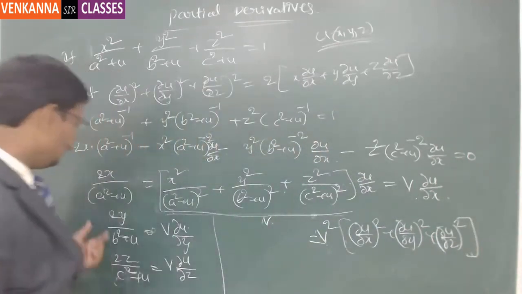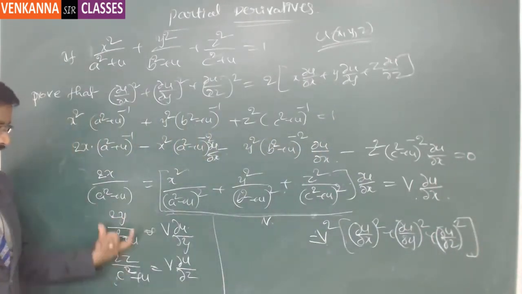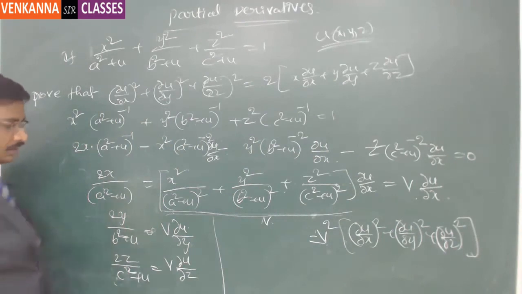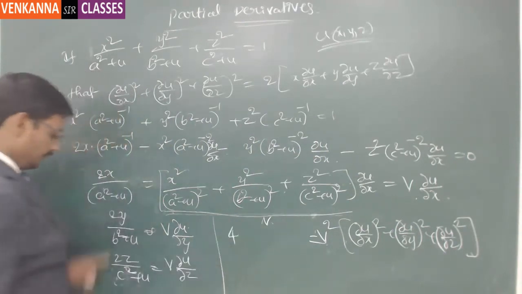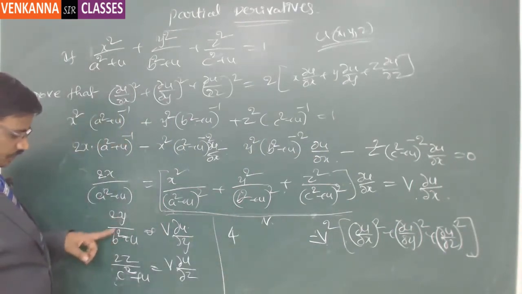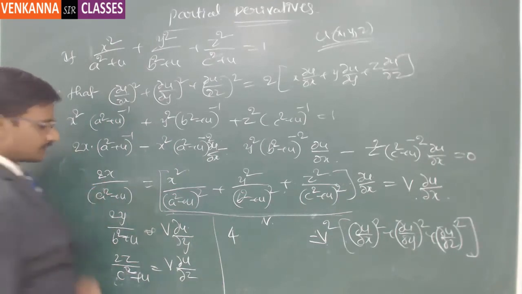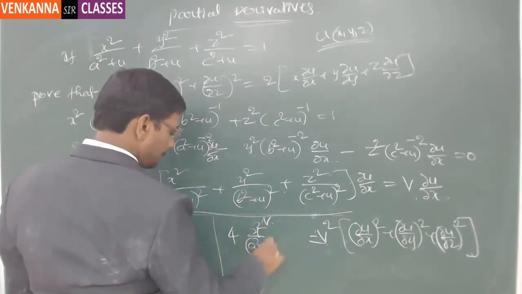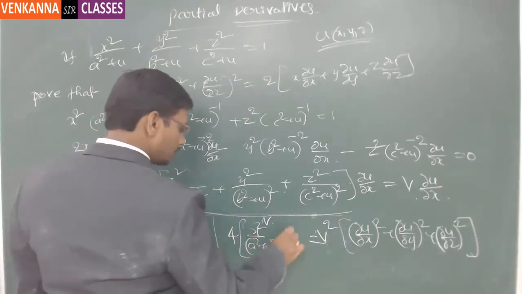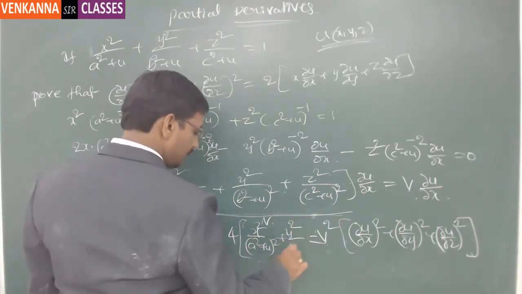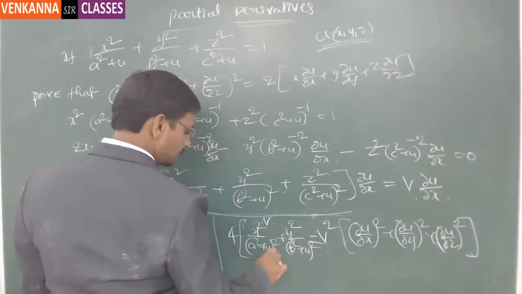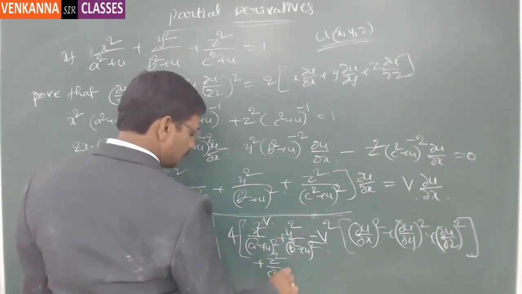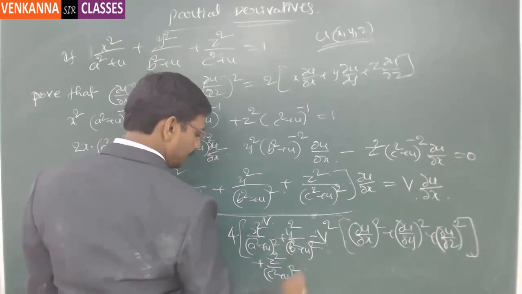And the left side will be squared, so this will be 4 times [x²/(a²+u)² plus y²/(b²+u)² plus z²/(c²+u)²].